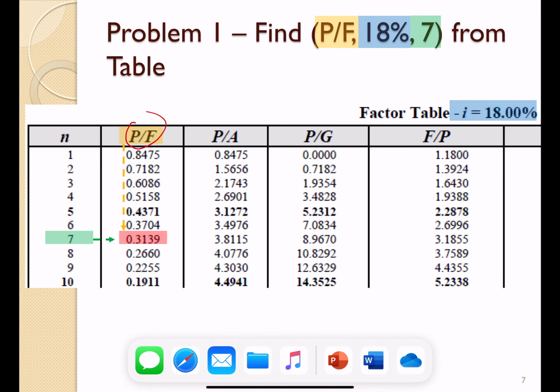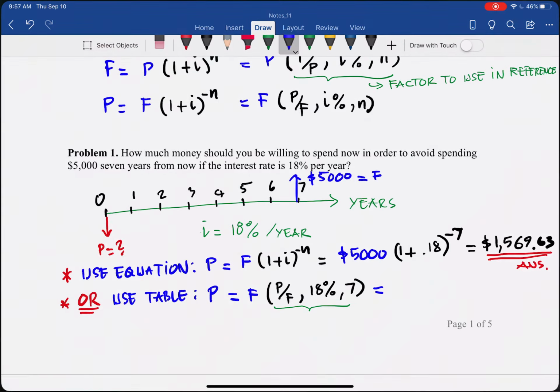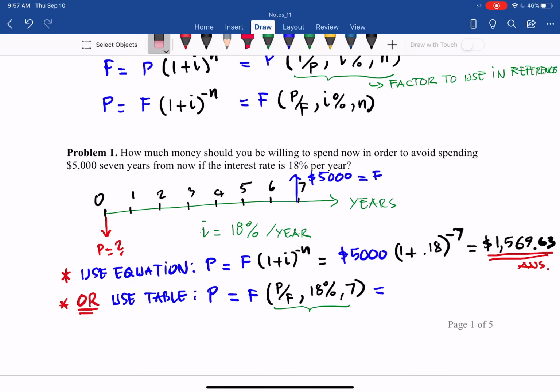So let's apply that here. That factor, if I use the table from the reference, is 0.3139.